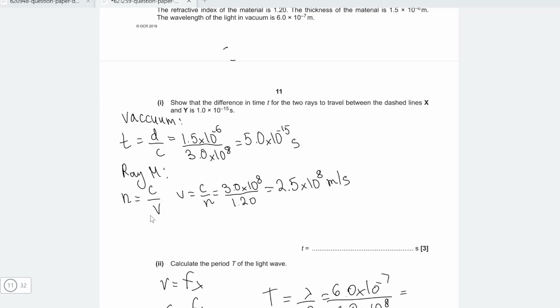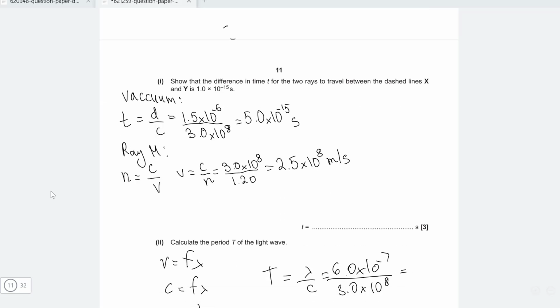Now let's repeat the exact same calculation as above, whereas rather than c as 3.0 times 10 to the 8, we're just going to include this number here, 2.5 times 10 to the 8.